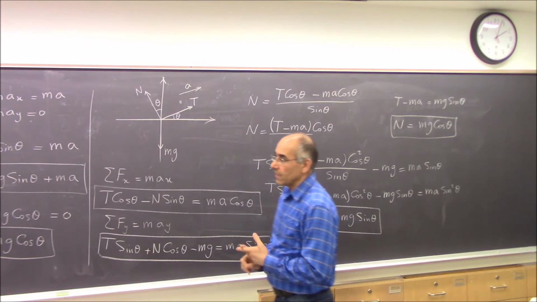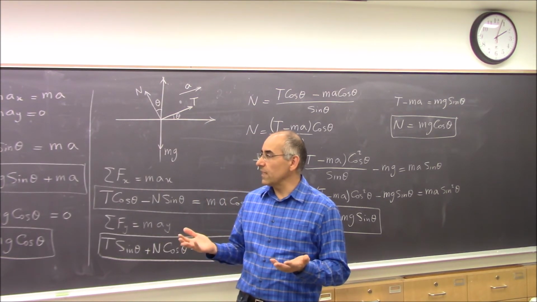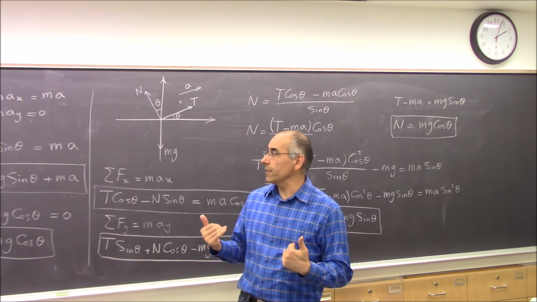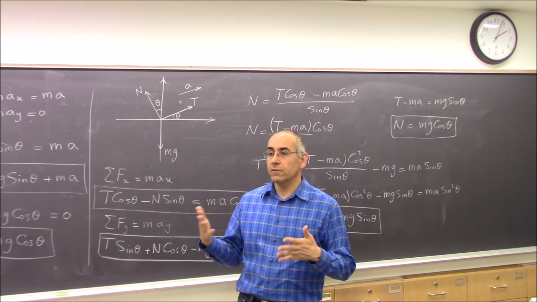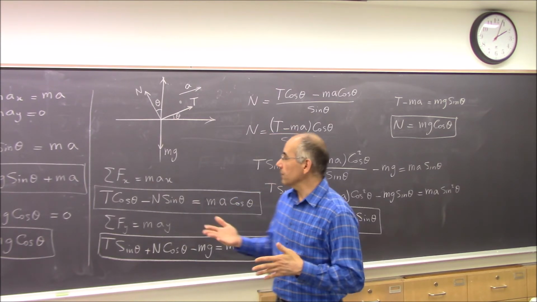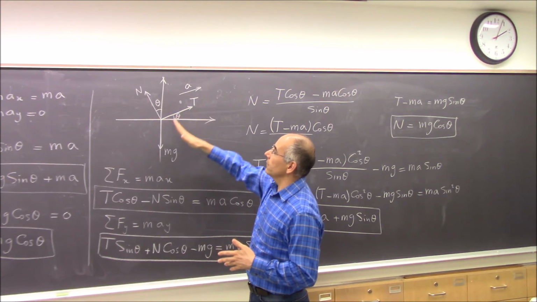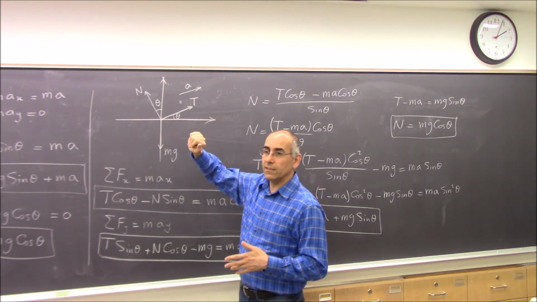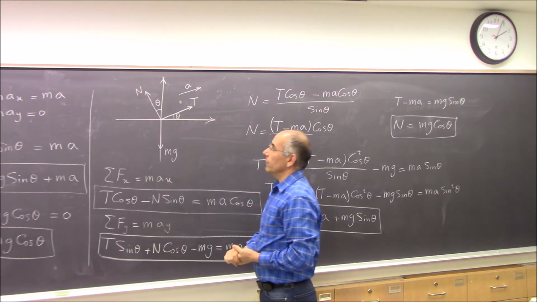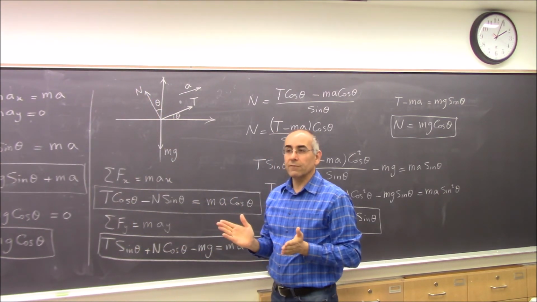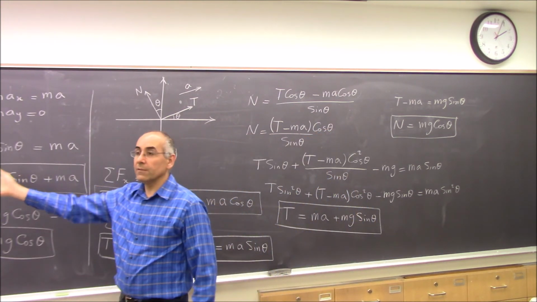If you don't have an acceleration, the choice of coordinate system doesn't matter that much, but still, you should put the coordinate system in the direction of most of the forces. So for example, even if you don't have acceleration, you have tension here, normal force here. If you take x this way, y that way, you have two forces in the direction of the axes. Still, that choice of coordinate system is easier.